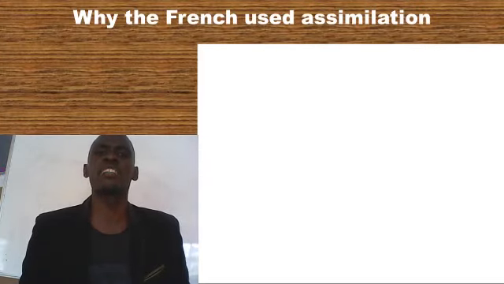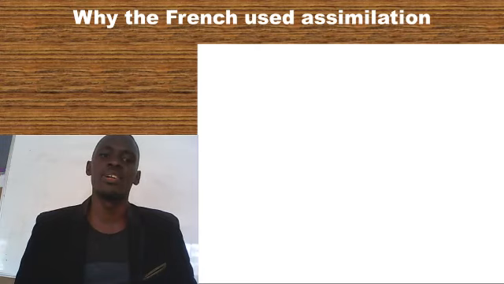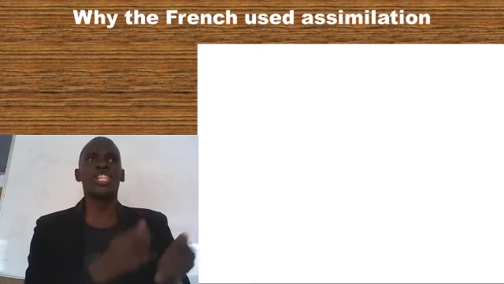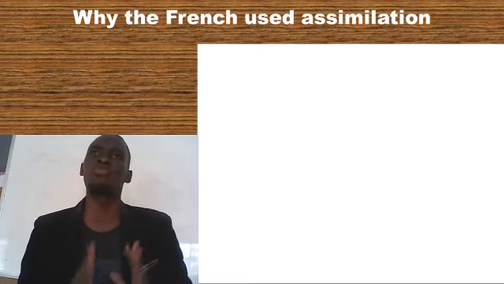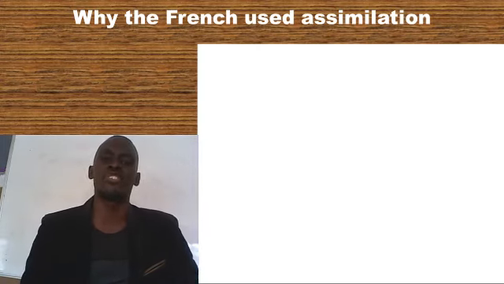Another one, boys and girls, we want to look at why the French used assimilation policy. Why did the French choose to use assimilation policy in West Africa? Why didn't they use direct rule just like the Germans, or even indirect rule just like the British? But they chose to use assimilation policy.